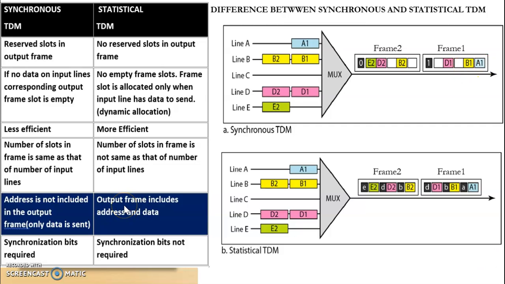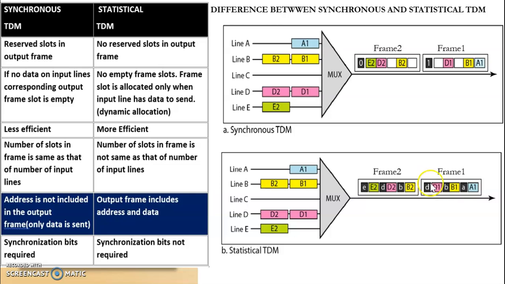Whereas in statistical time division multiplexing, the output frame will include the address and data for each slot. So over here in this figure for statistical time division multiplexing, we can see that for each slot the output frame will carry the address as well as the data. So again this is the address and this is the data.